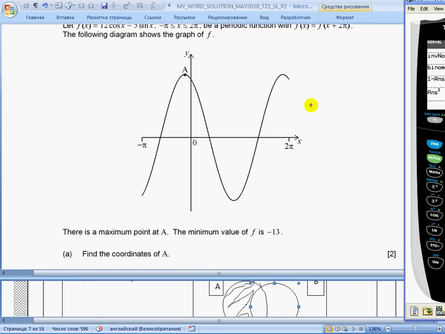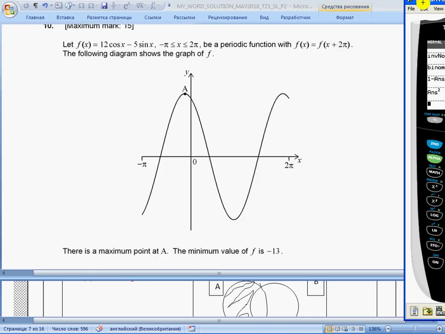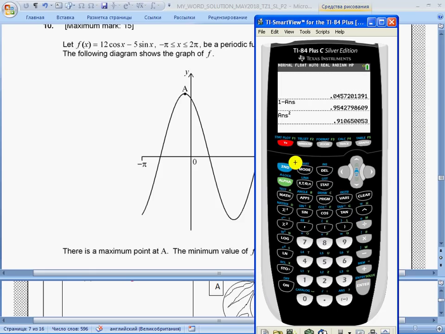To find this maximum we will use the calculator. So we just write here y, clear, up. So 12 cosine x minus 5 sine x.